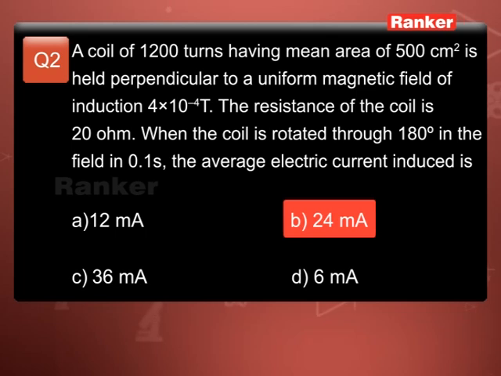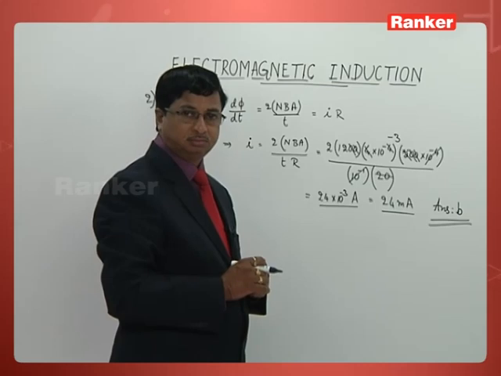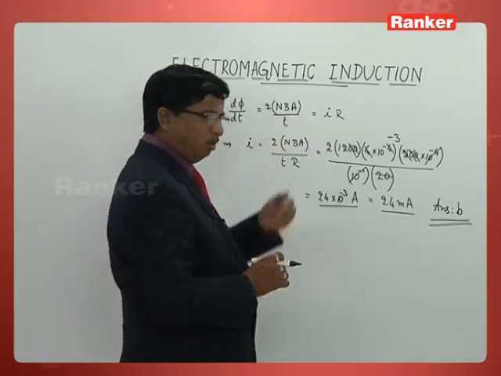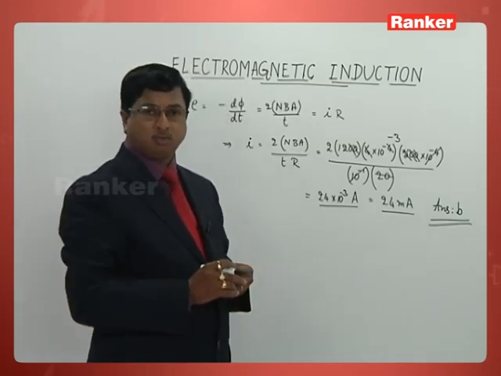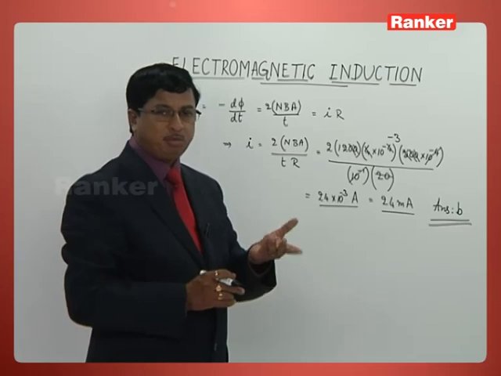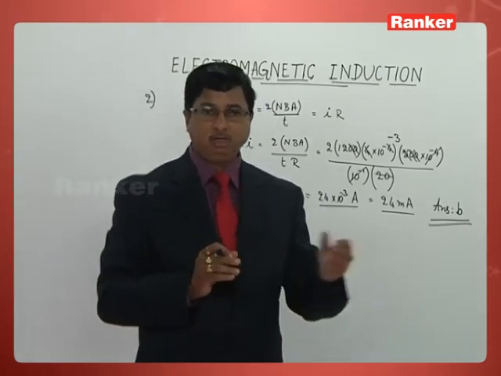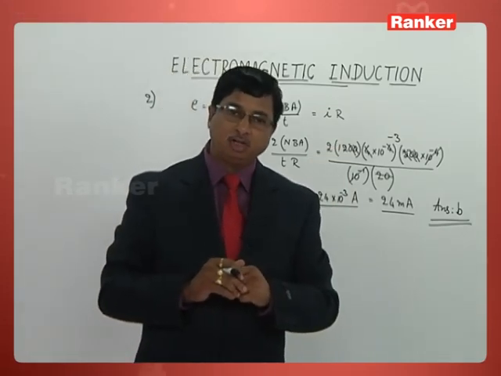So the answer for this one is simply B. So this is the method we adopt, and this particular formula is common. Truly you can write NBA cos theta, make that cos theta 1 and calculate, whatever methodology you want to follow. But the ultimate result must be like this. This is problem number 2.